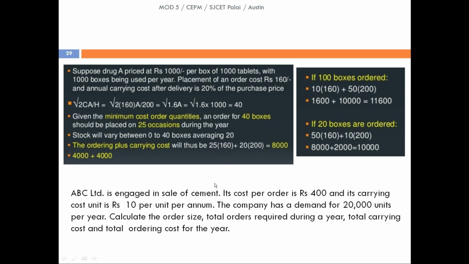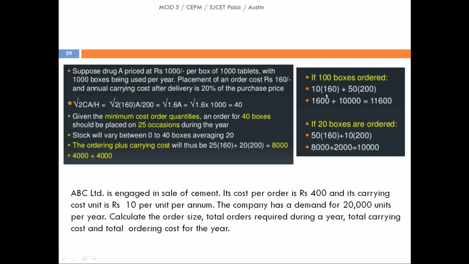This has been solved, and this 8000 rupees has been found theoretically based upon our concept of economic order quantity. But if we are not following this concept, and we are simply randomly taking a number of boxes, for example, if we require 100 boxes, then the ordering cost remains the same.